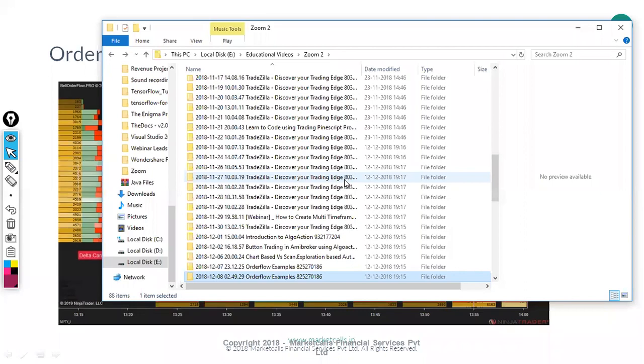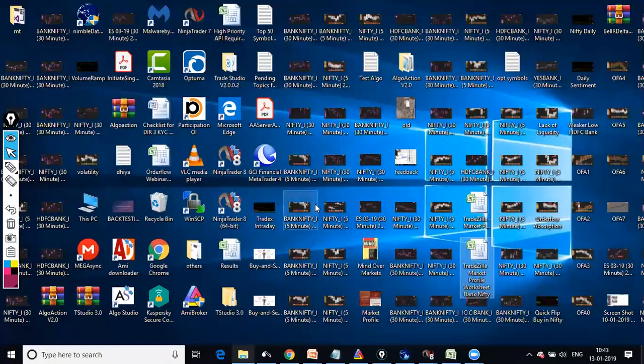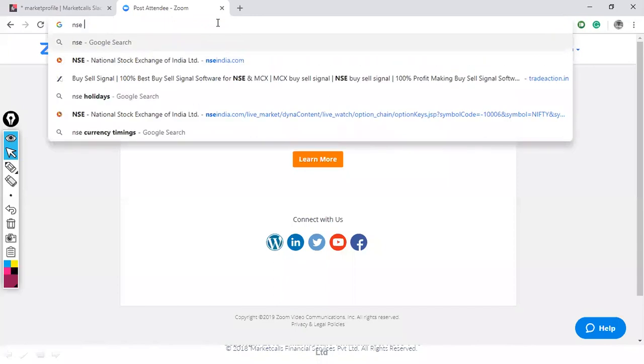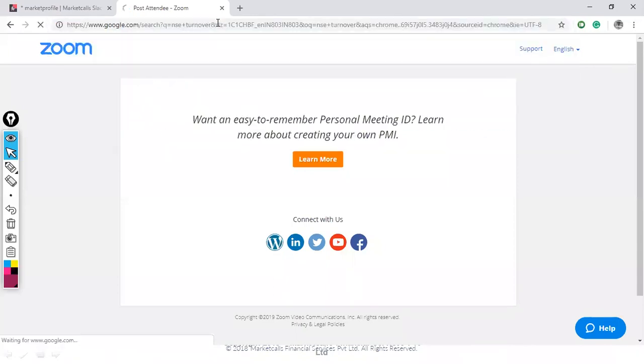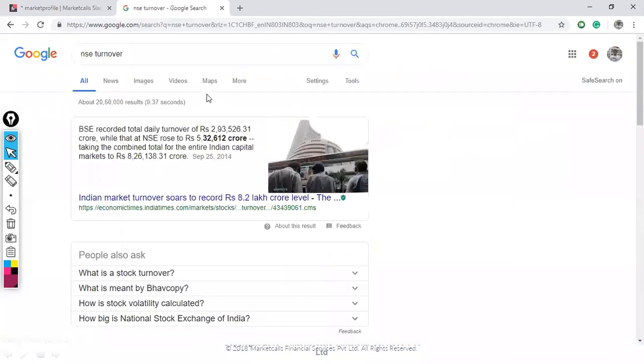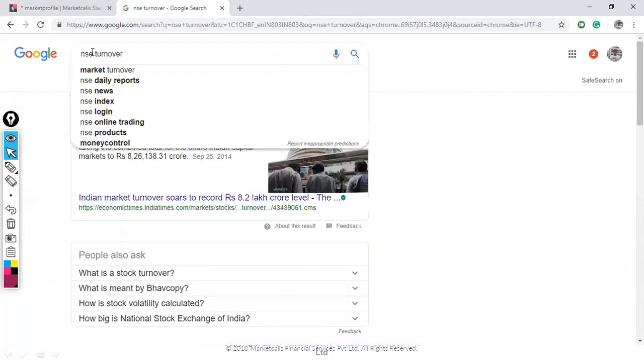Here also you can do the same thing. Here also you can look into the NSE cash turnover volume, where NSE has a separate page. So NSE turnover. They have a separate page to check during real-time market hours. NSE India.